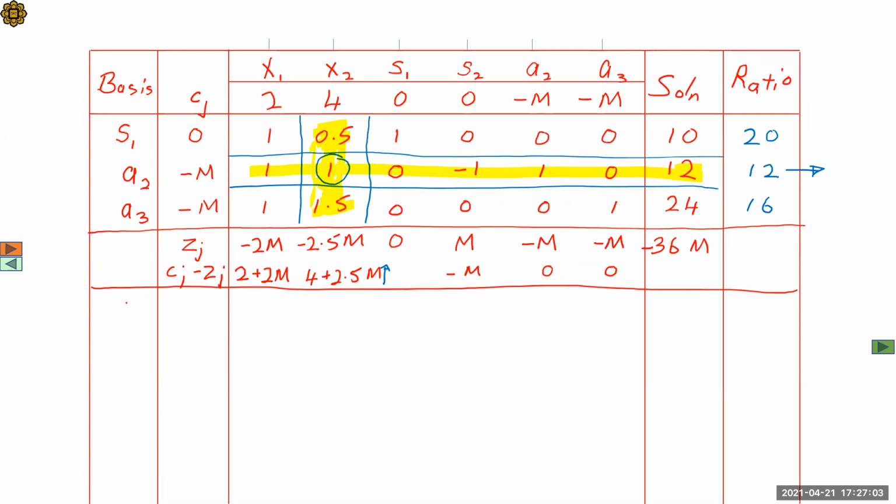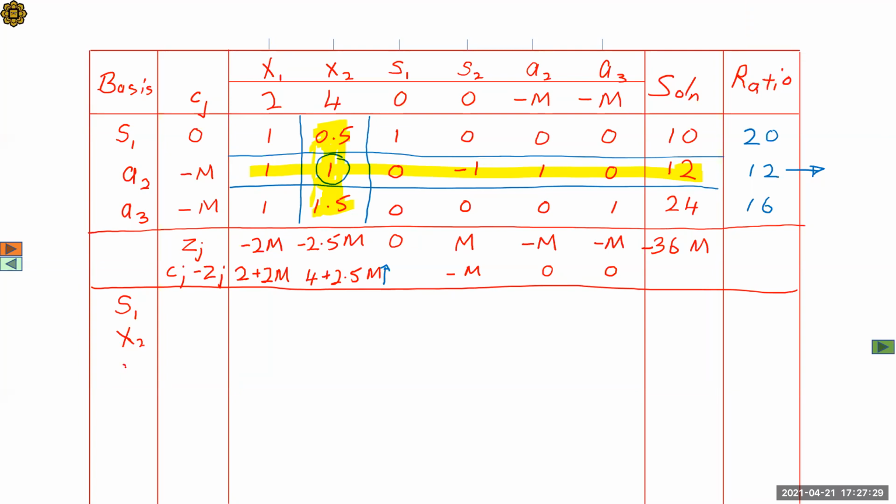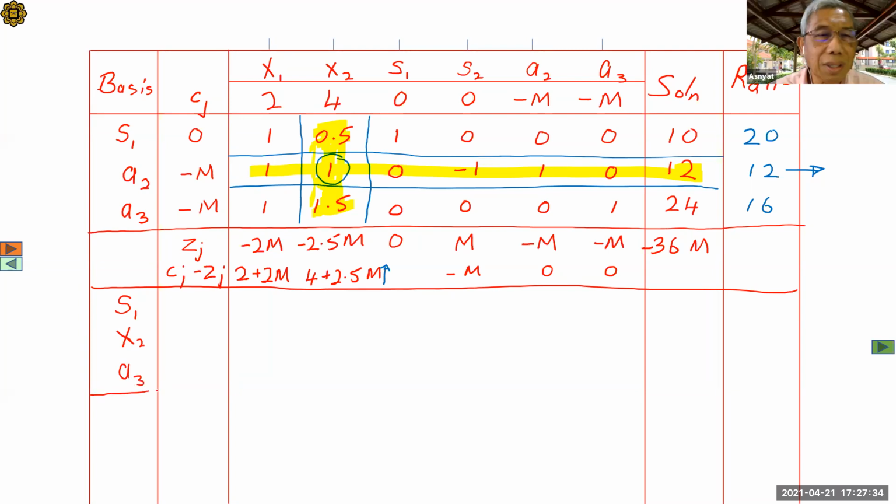Stay. A2, stay or go? Go. Who comes in? X2 comes in. A3, stay or leave? Stay. So A3, stay.